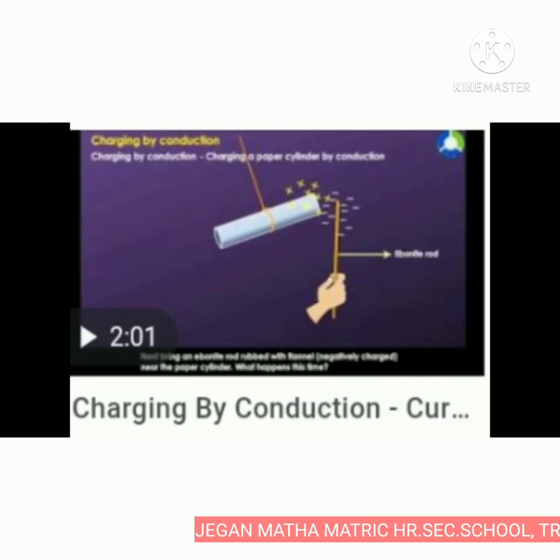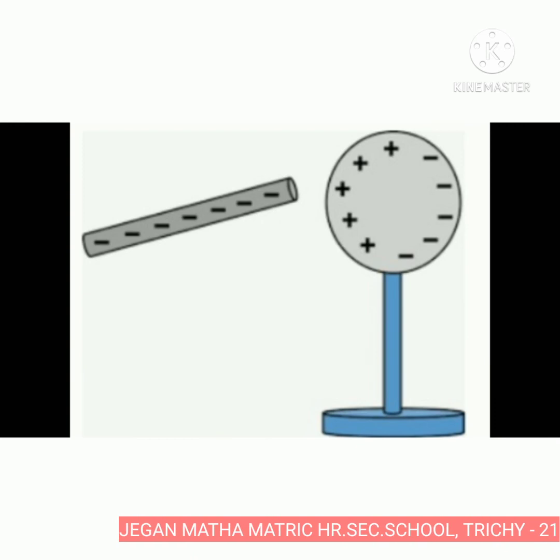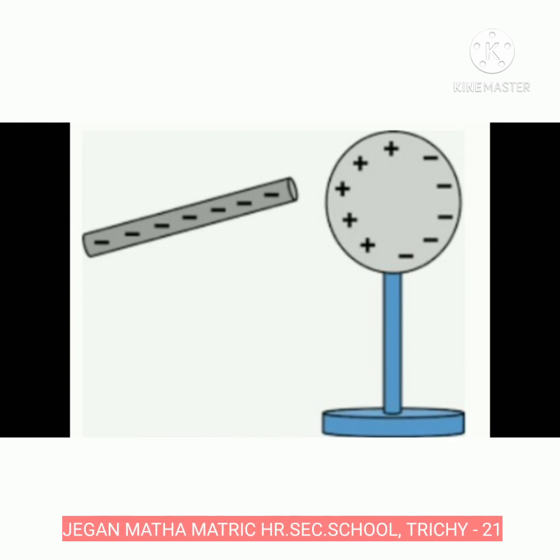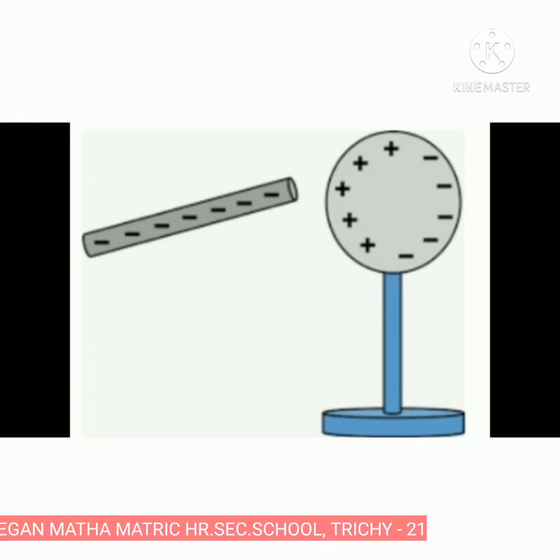When the cylinder is touched by the rod, some negative charges are transferred to the paper. Hence, the negative charges in the rod are repelled by the negative charges in the cylinder. Thus, we can say that charges can be transferred to an object by bringing it in contact with a charged body. This method of transferring charges from one body to another is called transfer by conduction.